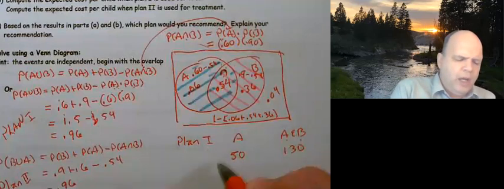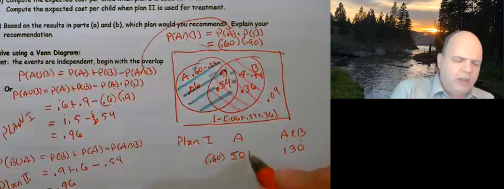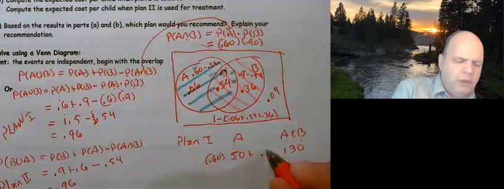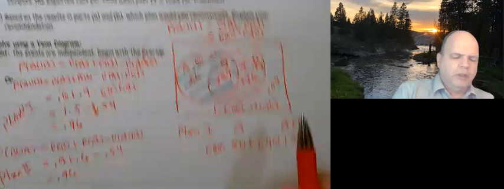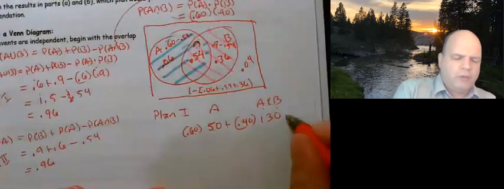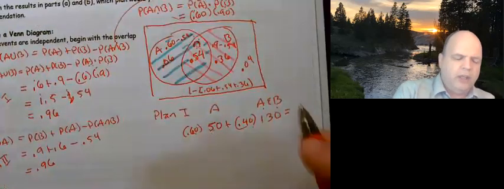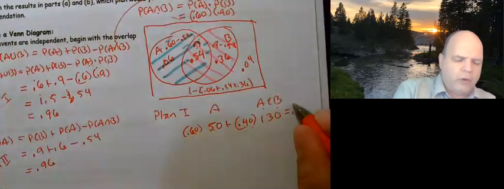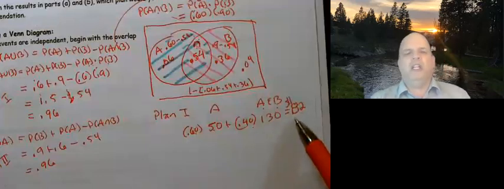Well, this time, it works 60% of the time, which is 0.60. 60% of the time we can get by with just spending $50. But 40% of the time I have to buy both, which in this case, when I do the math, 60 times the 50 plus this, ends up being $82. So on average, we expect to spend $82.